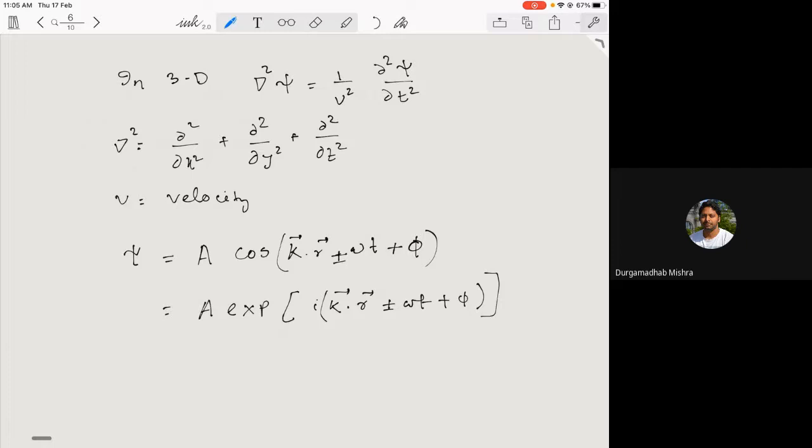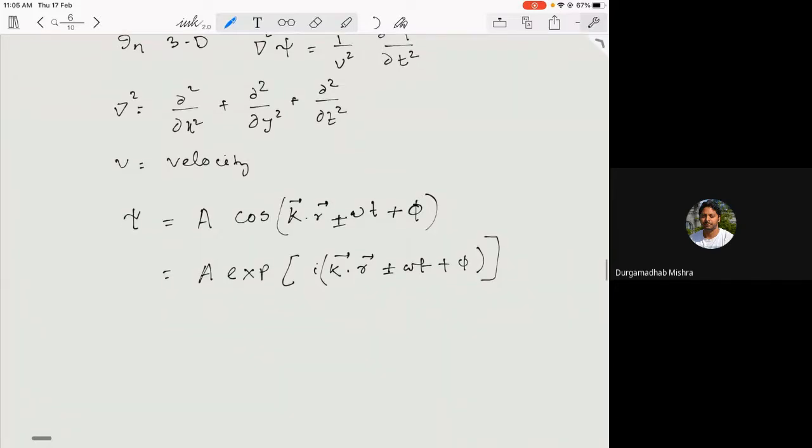So this is also a solution to this wave equation, where A is your amplitude, and what is k? k is your wave vector, which is given by 2 pi by lambda. And omega square will be equal to k square v square, which is equal to 2 pi nu whole square.